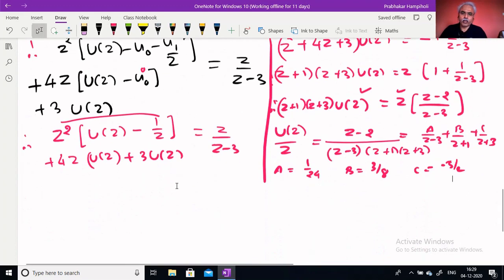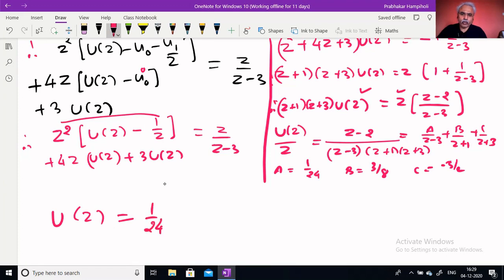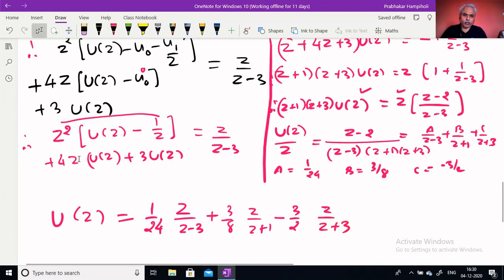So what is the meaning? At last, u of z, transferring z this side and putting a, b, c values also, we are going to get 1 by 24 times z by z minus 3 plus 3 by 8 times z by z plus 1 plus minus 5 by 2 times z by z plus 3. They are in the perfect shape for taking inverse transformation.